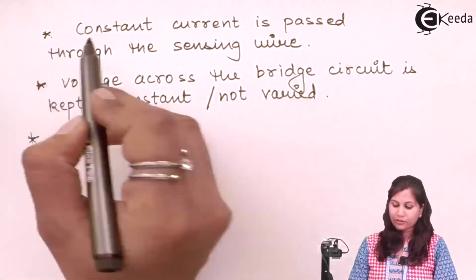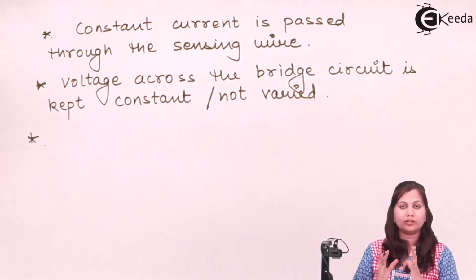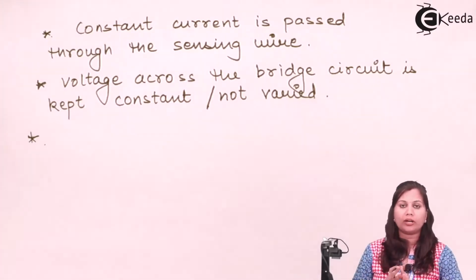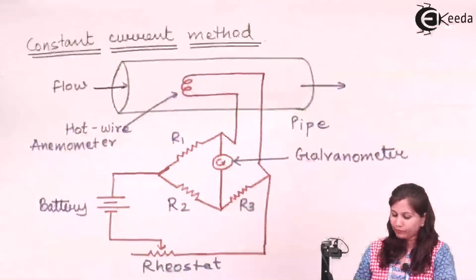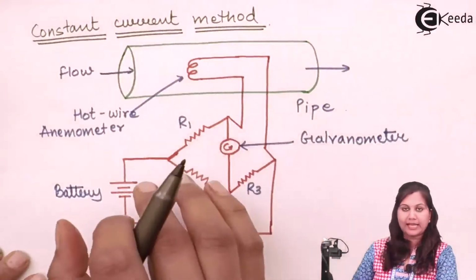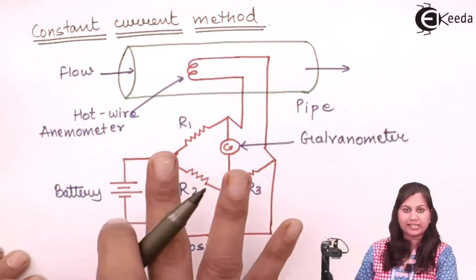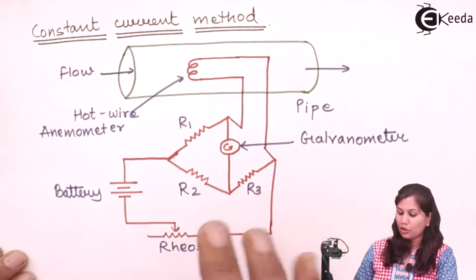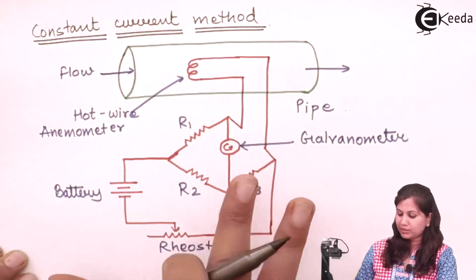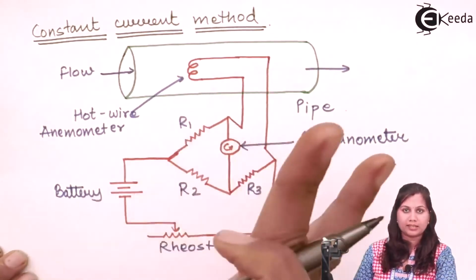So we are saying that constant current is passing through the sensing wire, means that across the bridge circuit a constant voltage is maintained or its voltage is not varied. So when this bridge circuit has constant voltage, the bridge circuit is under the balance conditions. So when the bridge is balanced, it means that the voltage drop in both these arms is equal.